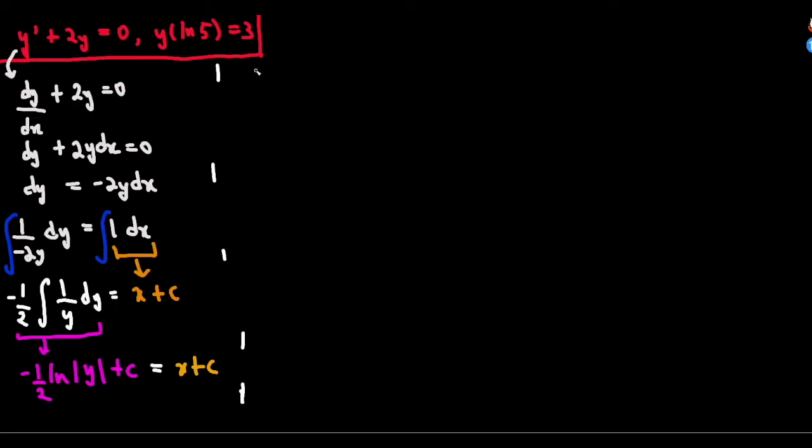So we get the natural log of y, a constant times some number is another constant, equals minus 2x. So this cancels out, becomes 1, and this is minus 2 again, plus c, which is just some arbitrary constant.